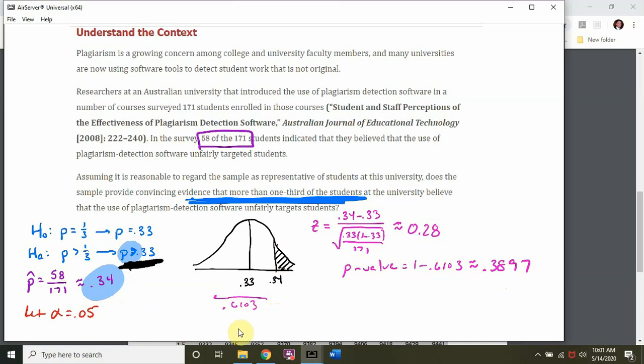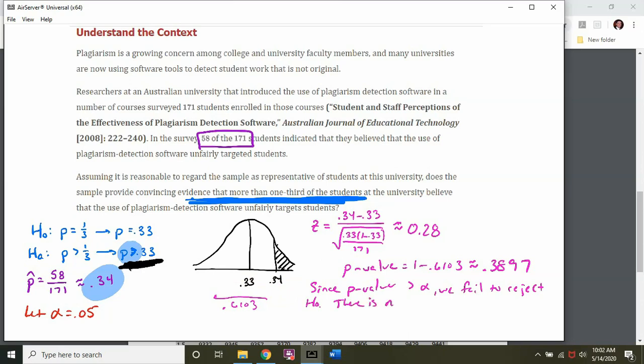And so we attribute our sample value to nothing more than sampling variation. This is not really an unlikely result to get if this is the true value. Since our p-value is greater than alpha, we fail to reject H0.